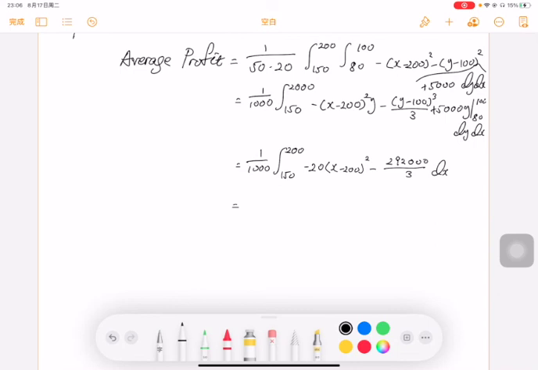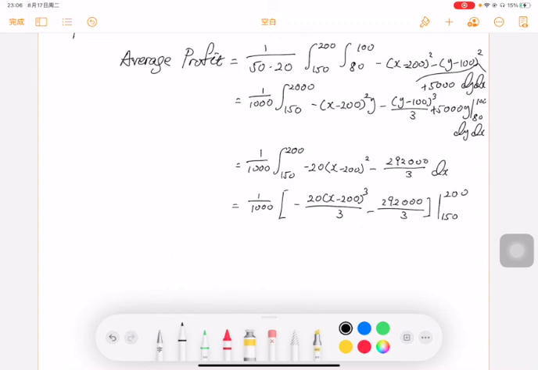All right, and this is 1 over 1,000 times minus 20 times (x minus 200) cubed divided by 3, then minus 292,000 over 3, evaluated from 150 to 200.